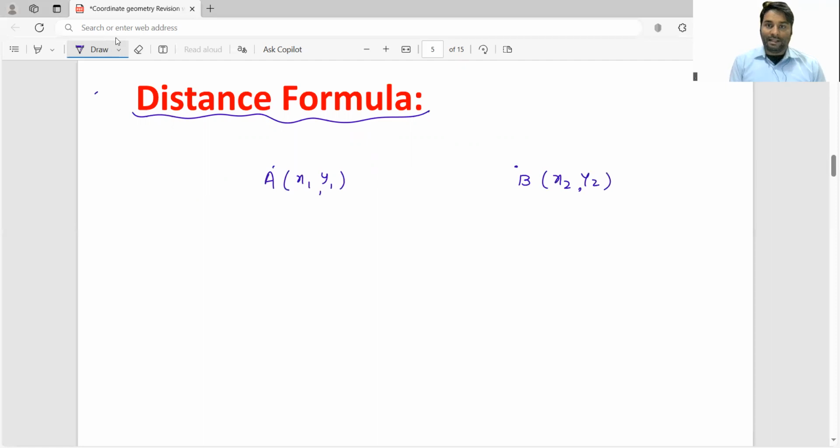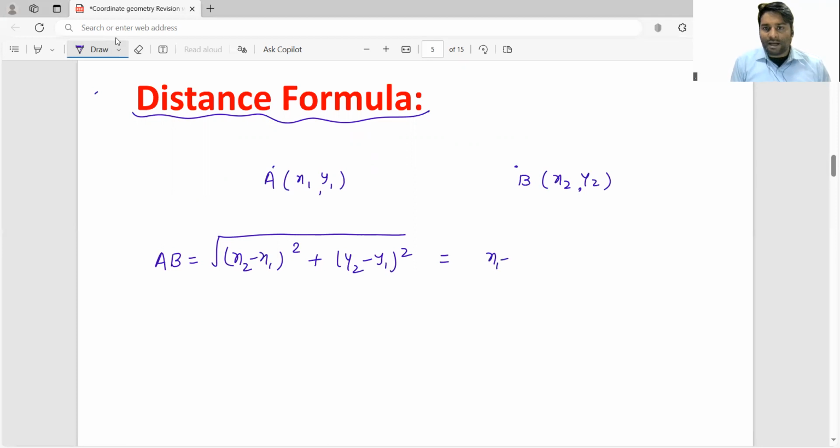Now if you want to find the distance between these 2 points, AB is the square root of (x2 minus x1) whole square plus (y2 minus y1) whole square, right? You can also write it as (x1 minus x2) whole square plus (y1 minus y2) whole square, because the whole square is there. If this term comes negative, then the square will make it positive, right?